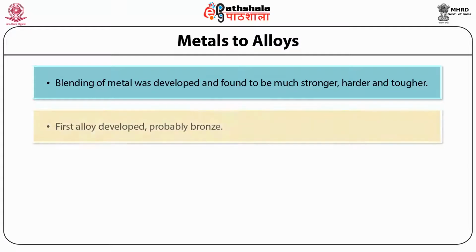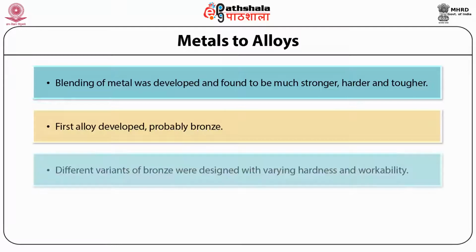Probably the first alloy developed was bronze, which was composed of copper and tin. The ancient civilization could design different variants of bronze with varying hardness and workability by modifying the composition. It was realized that more tin made the object harder and vice versa.